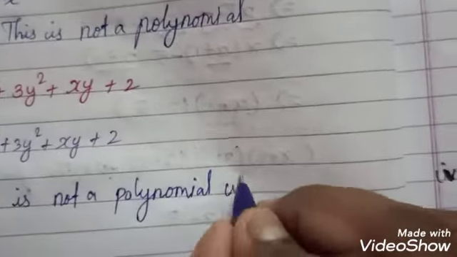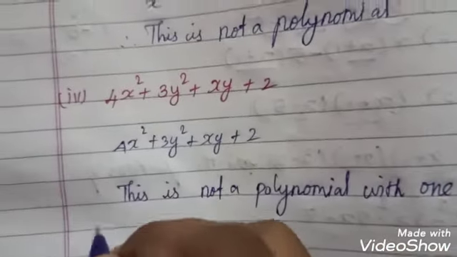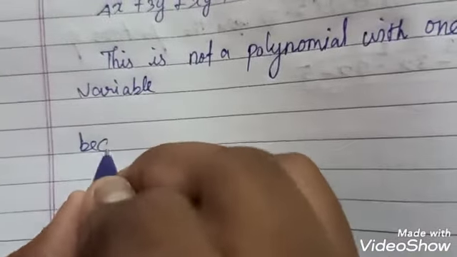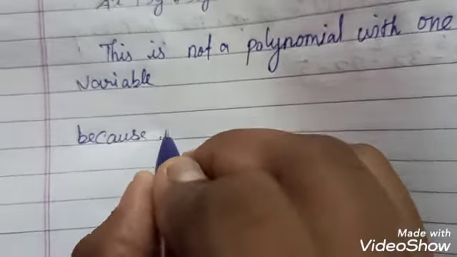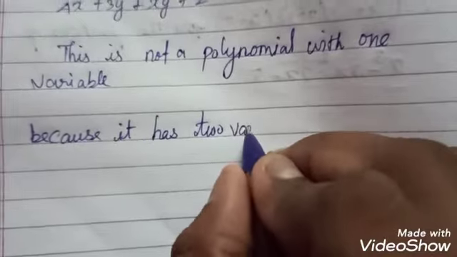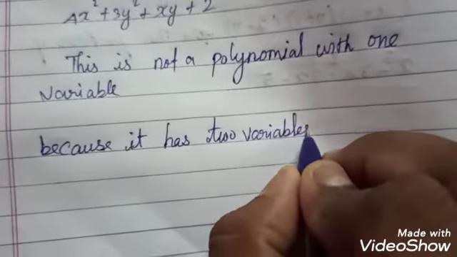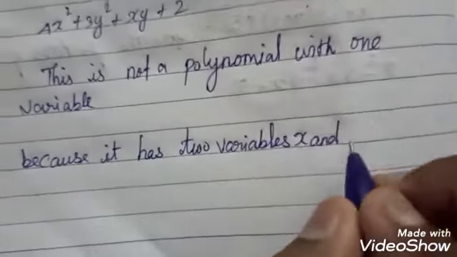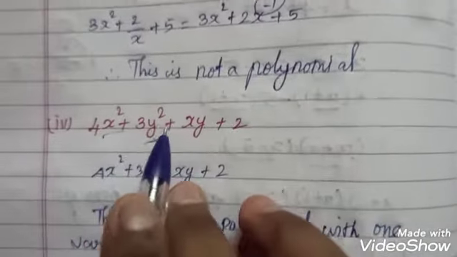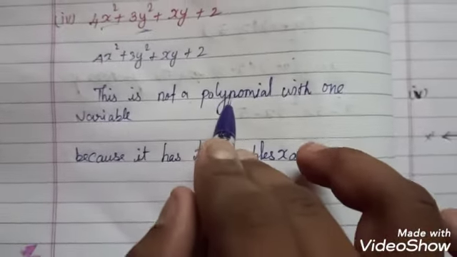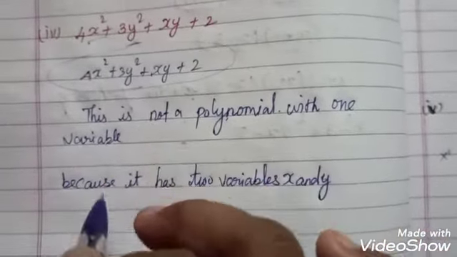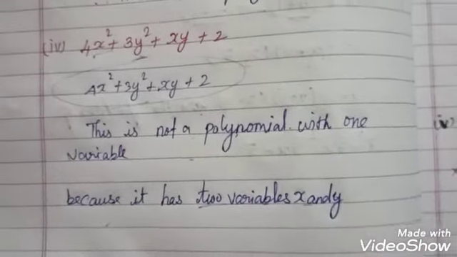Because it has two variables x and y. So this expression contains two variables x and y. Because of that we say this is not a polynomial with one variable. This is a polynomial expression but not in one variable. It is in two variables x and y.